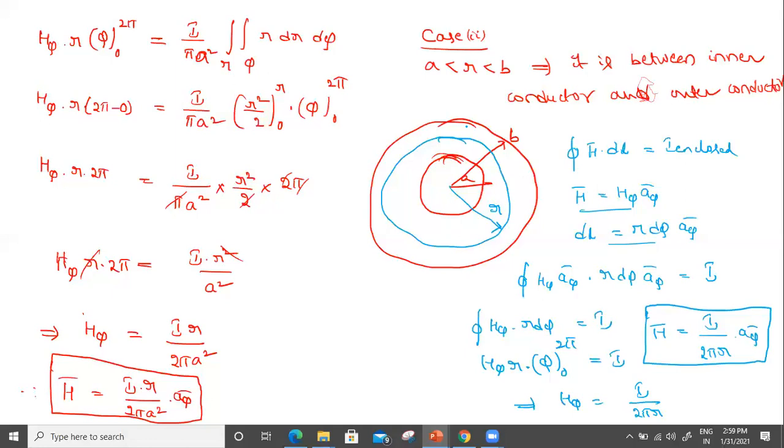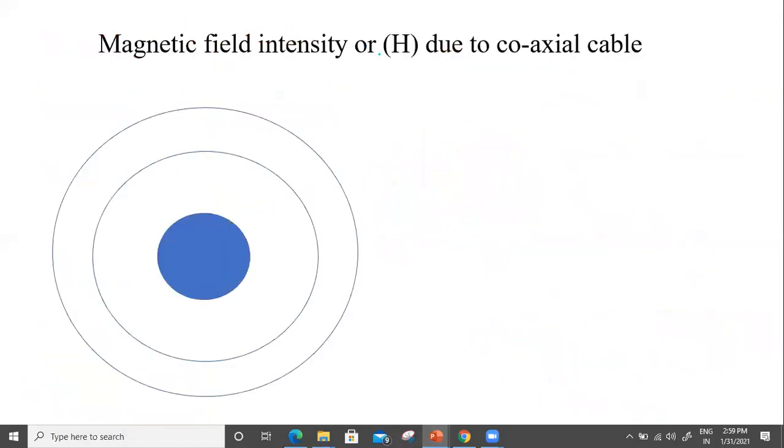If you go for the case 3, the radius of magnetic field intensity circular is in between the outer conductor and thickness. Let me show you that one. So this is the case 3 I'm going to consider.